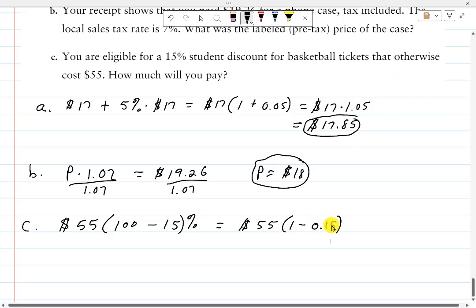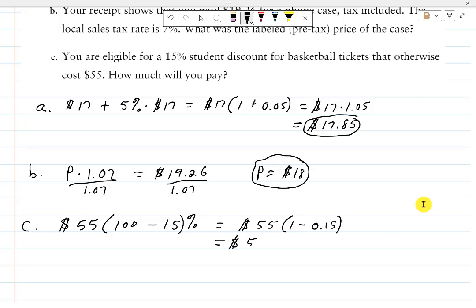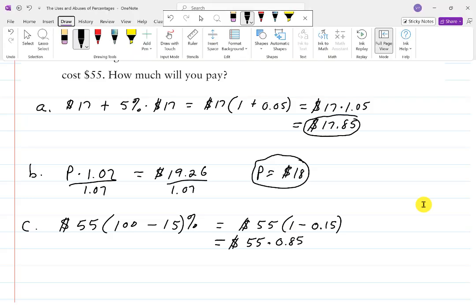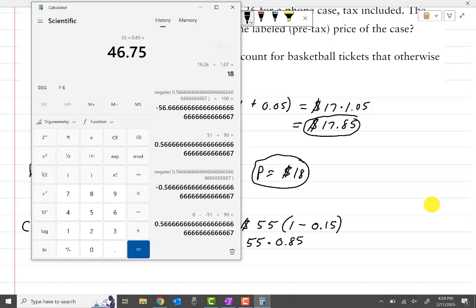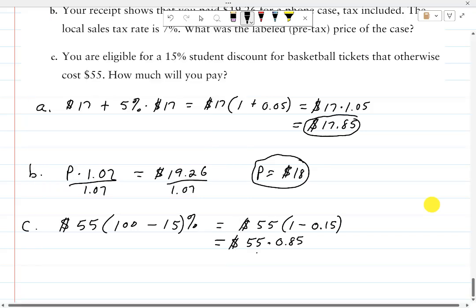So there's the taking of the 15% away. And then if you want to do it all in one computation, you do 55 times 0.85. And let me go ahead and grab the calculator for that. So the new price looks like 46.75.